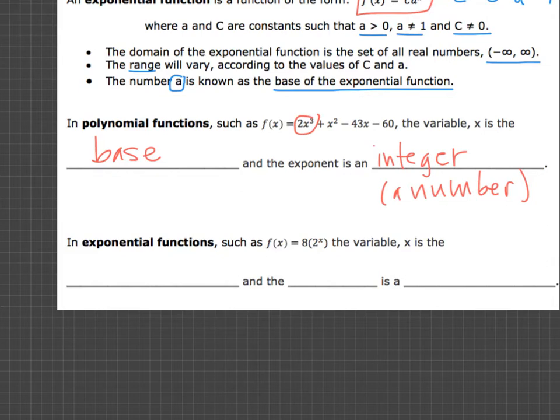The variable is the exponent, and the base is a number. So we're switching around which is the variable. What we've looked at so far, we've always had x being the base, the variable has always been the base, and then we have some fixed number as the exponent. Now we're switching it around where the exponent is the variable and the base is a number.